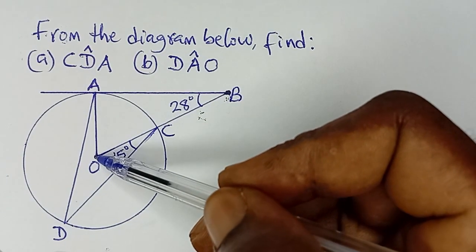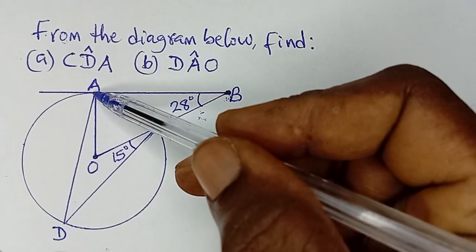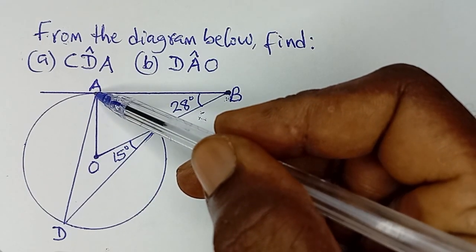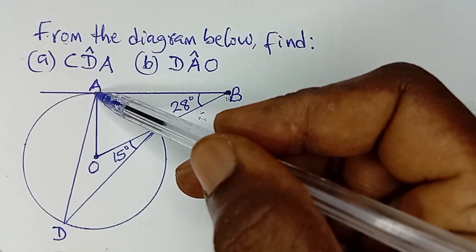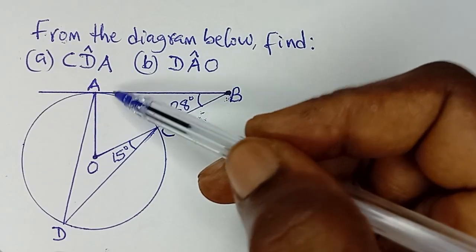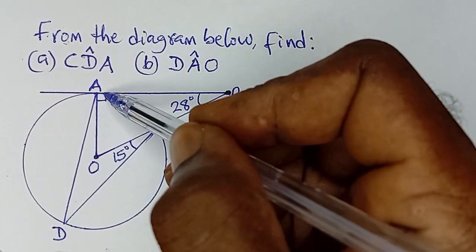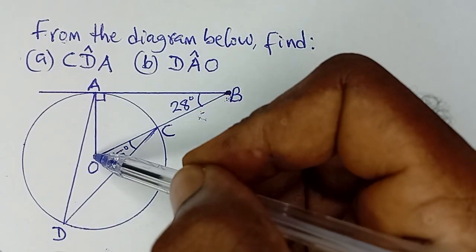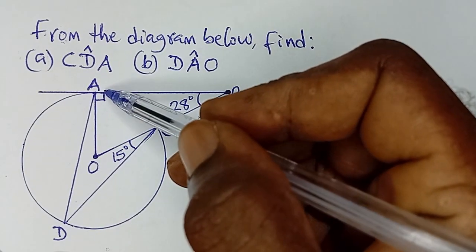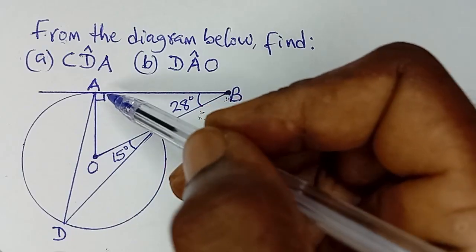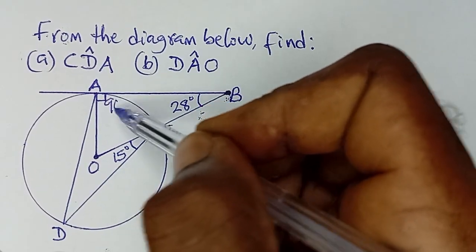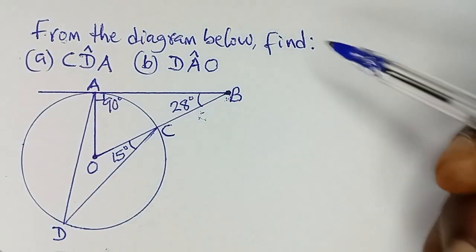So a line from the center of a circle onto a tangent at the circumference of that circle is perpendicular to the tangent. Perpendicular means it is right angle to it. So this angle is 90 degrees.